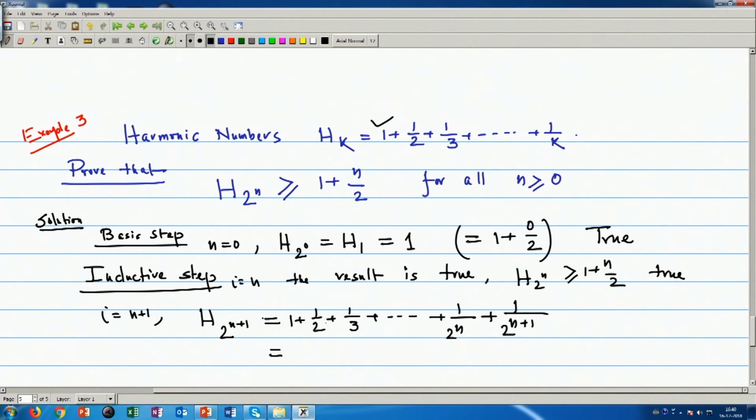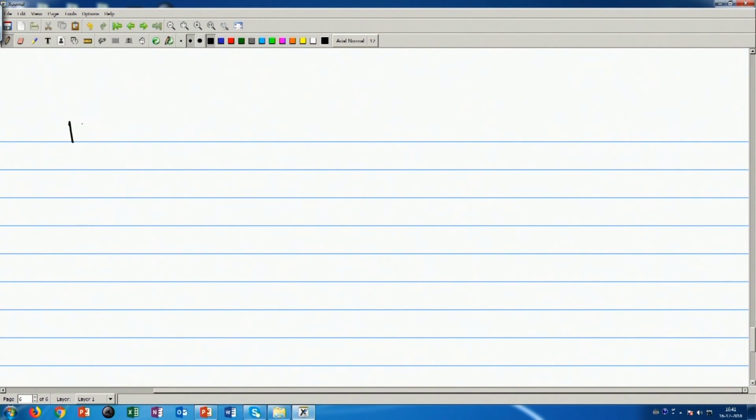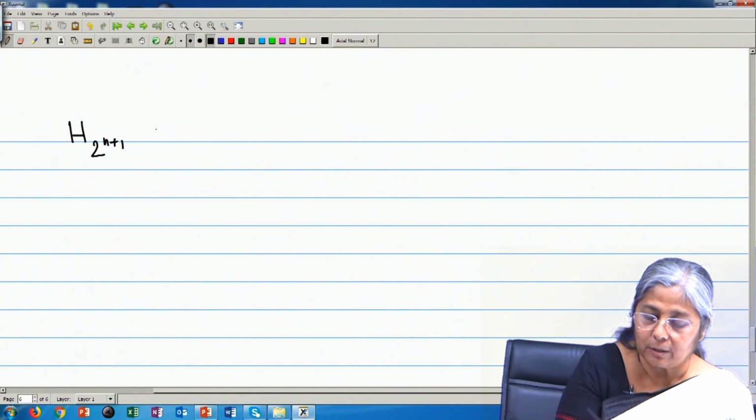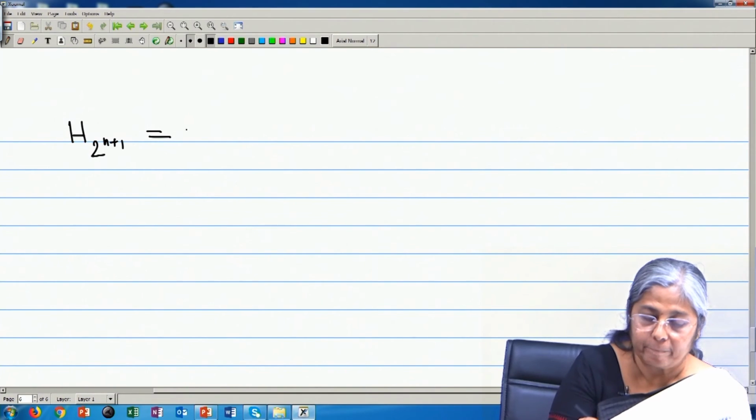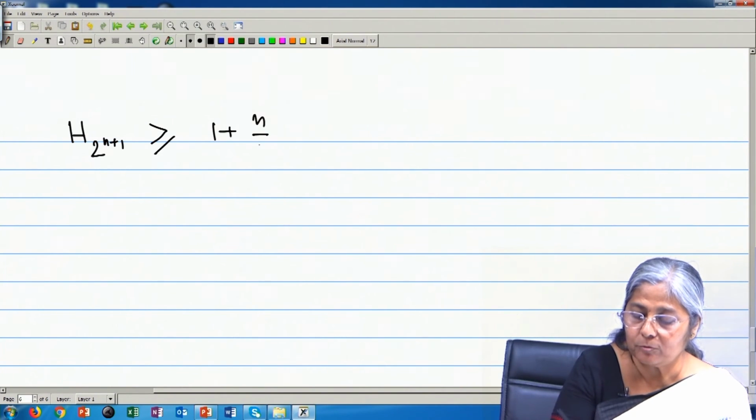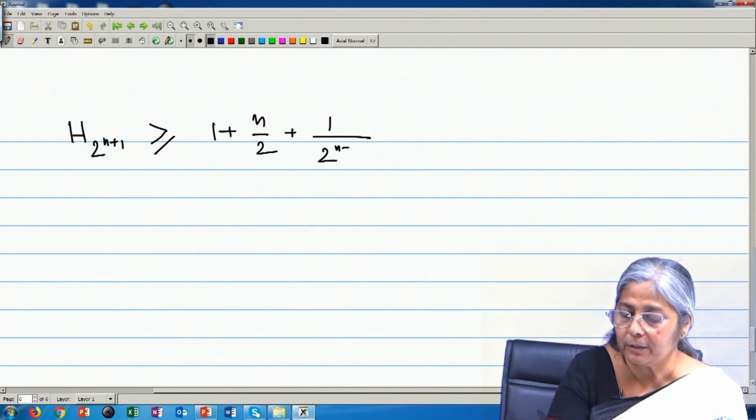Up to this point is my H 2 to the power n, which is greater than or equal to 1 plus n by 2, plus these remaining terms up to 1 by 2 to the power n plus 1.